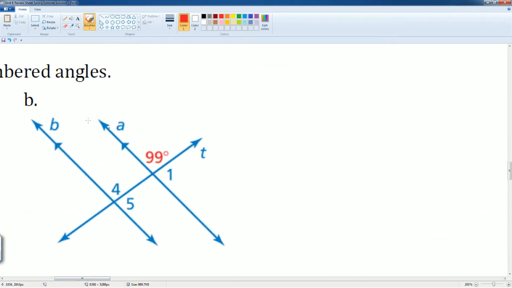Here, lines A and B are parallel. Notice that by those arrows. We need to find angles 1, 4, and 5. So we have this as 99 degrees. How does angle 1 relate to the other angle? We see that it forms a line, so this is going to be a linear pair.